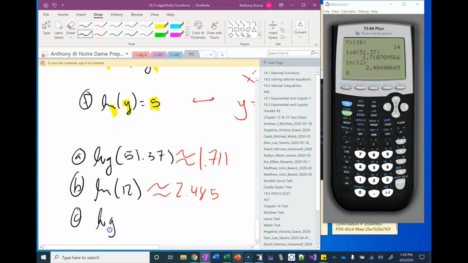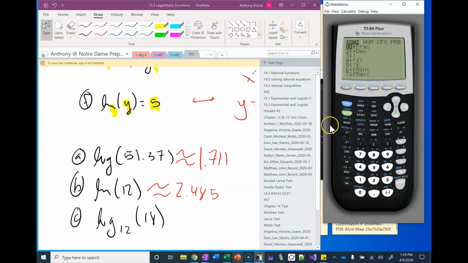What if I wanted to do log base 12 of 18? Most of us have calculators that can handle this. If you press the math button on the left-hand side, and then scroll down till you find the log base command, it'll allow you to type in the base for your logarithm and then the argument for your logarithm and just press enter.